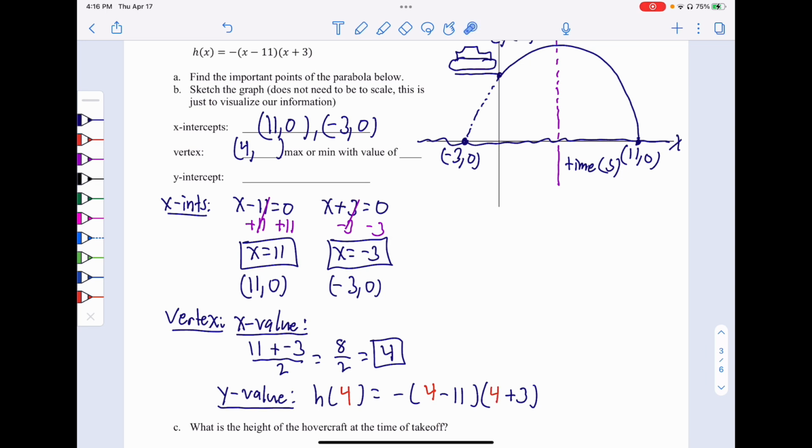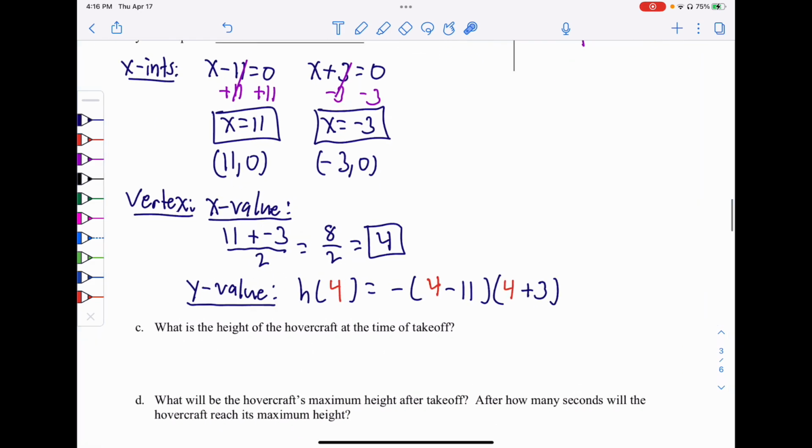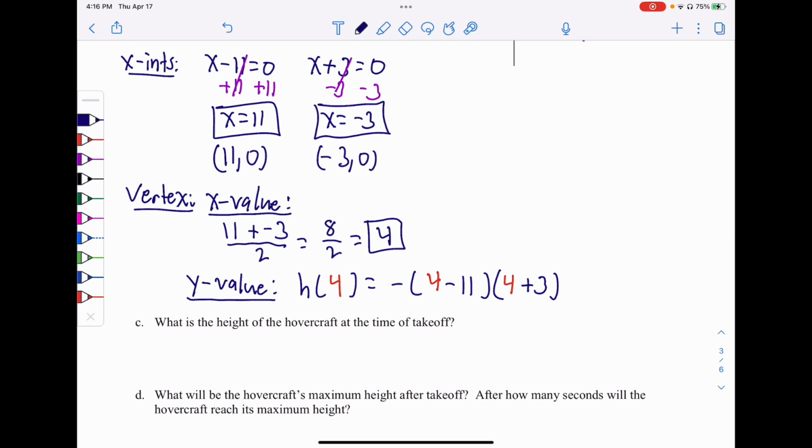Using our original function, right? 4 minus 11, 4 plus 3, with the negative in front. We still have that negative in front. So we have 4 minus 11 is negative 7. 4 plus 3 is positive 7. And that's equal to negative times a negative is positive, 7 times 7, 49. So our vertex is at (4, 49).